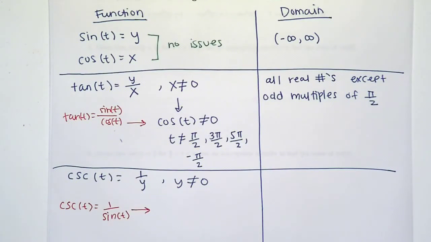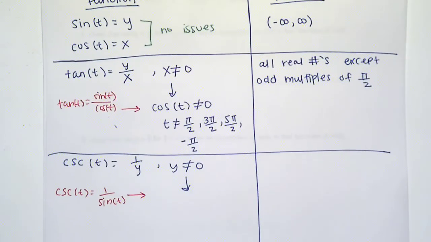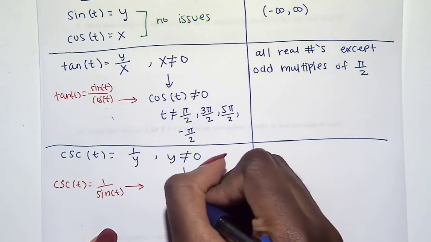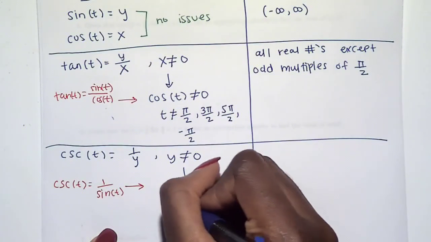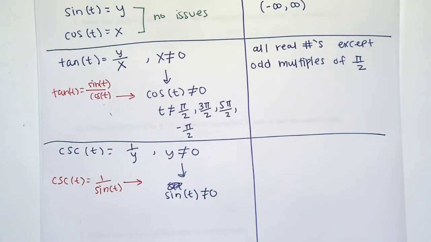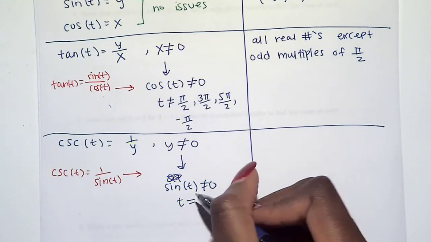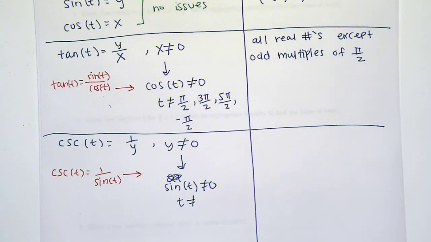So that means in order for us to not divide by 0, we need to make sure that sine of t does not equal 0. So we need to find all values of t, so all angles, that make sine of t not equal to 0.